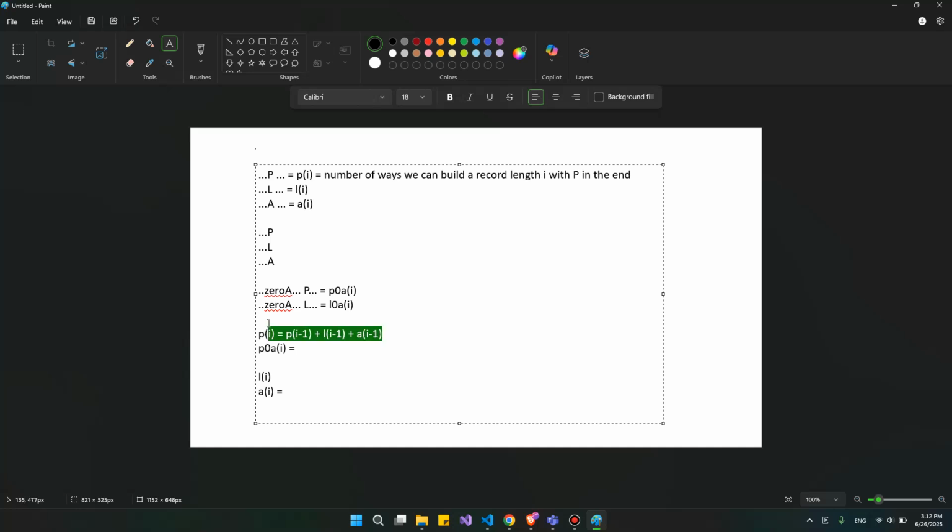Like our thinking process about normal P I, here P zero A I can equal P zero A I minus one plus L zero A I minus one.